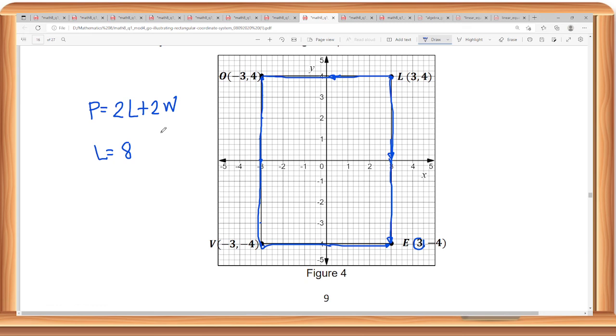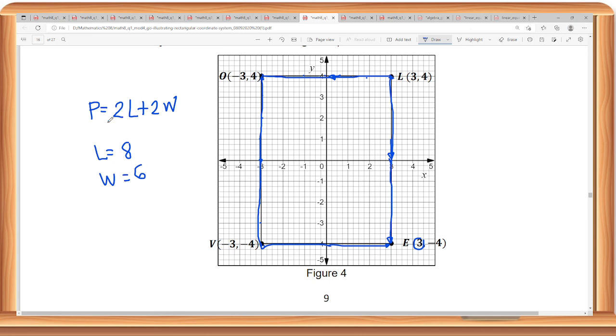For the W, we have this one. How many units here from point to point? Just count 1, 2, 3, 4, 5, 6. So the distance from point O to point L, which represents the width, is 6 units.